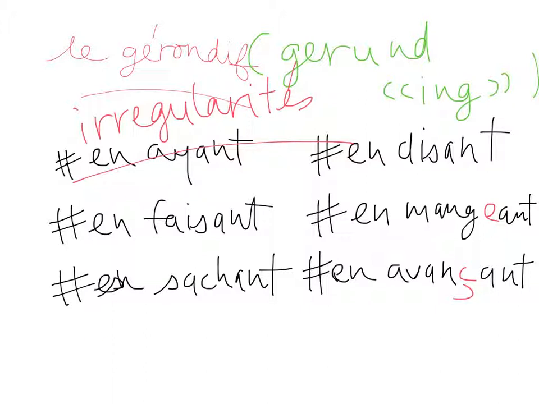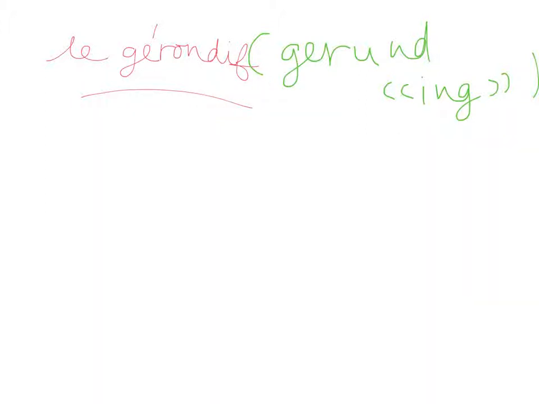Now, let me show you why and how we will use these things. L'utilisation du gérondif. It's very easy. The first thing you can use the gerund for is the following. Let's pretend that you are peeing. You know, je pisse. We all do it all the time, so I think it's a proper example.